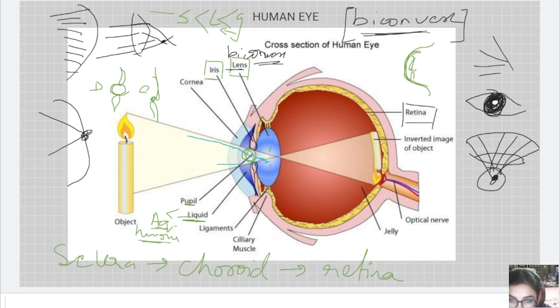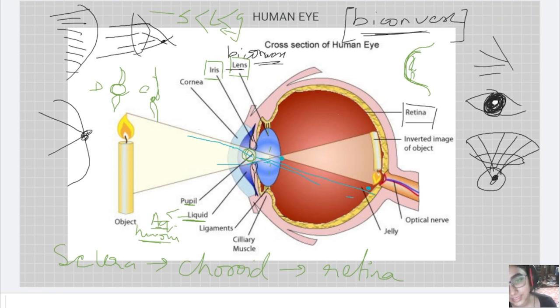and then finally focuses itself on the yellow spot. Okay. Also, you know that there's a difference between a real image and a virtual image. A real image can actually be taken down on something, and a virtual image is something that you see out of a mirror.